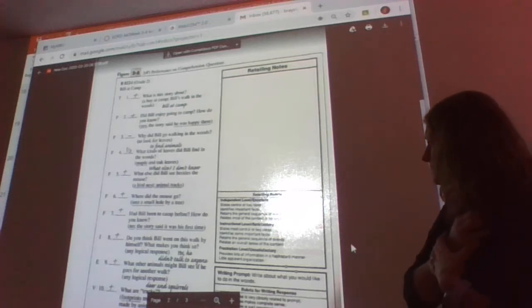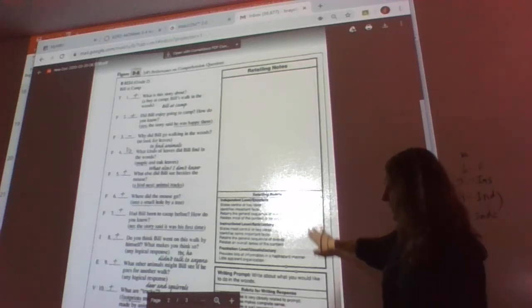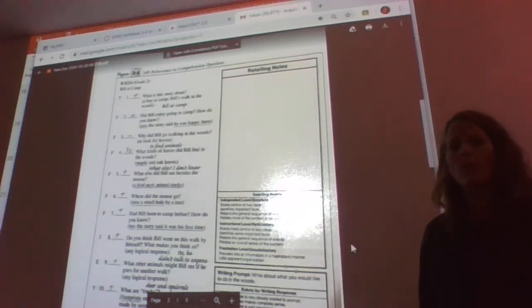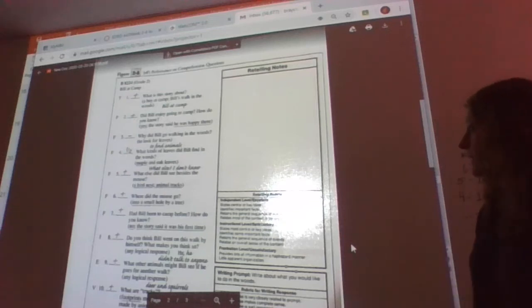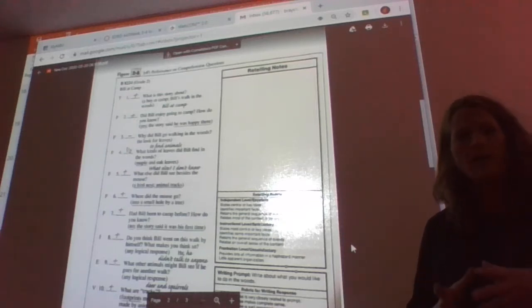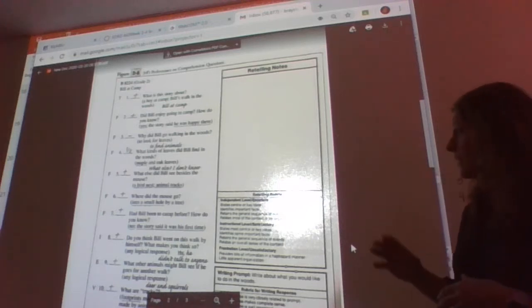And they give you this retelling rubric, so you can go through here and decide from what they told you what their level is based on the retelling.